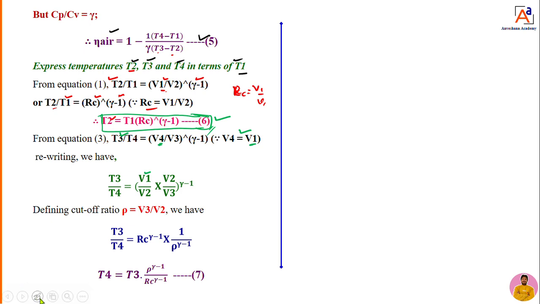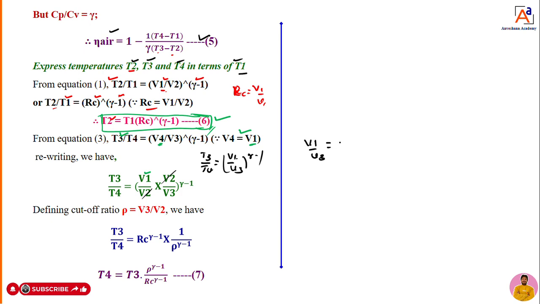So dear students, you can see what I have done. T3 by T4 is equal to V1 divided by V3, to the power of gamma minus 1. But I will write this in this fashion: V1 by V2 into V2 by V3. If you cancel these two V2, you are going to get the same equation, V1 by V3.